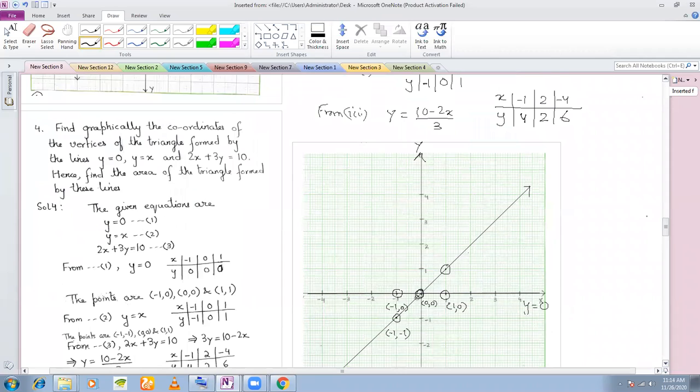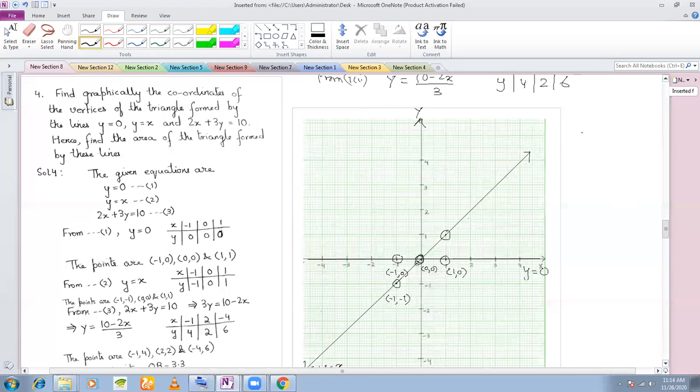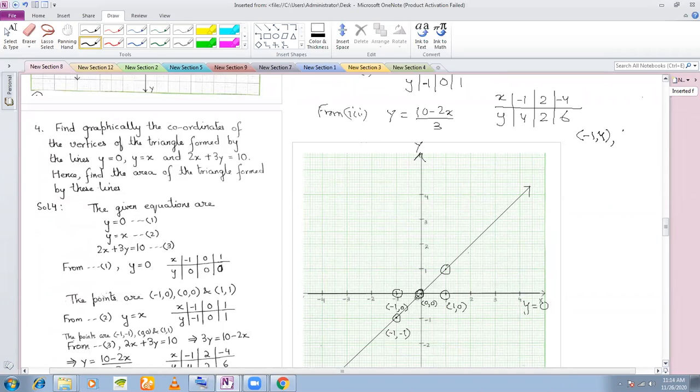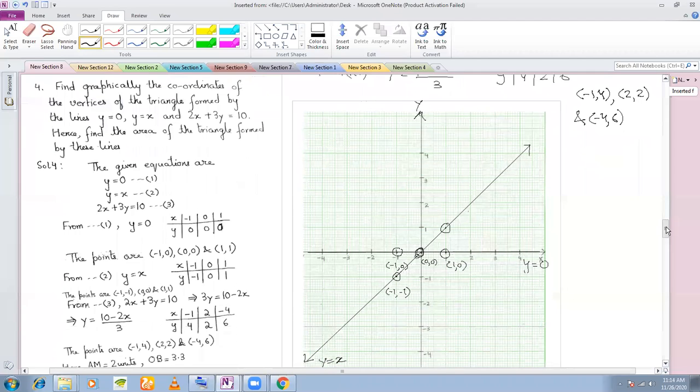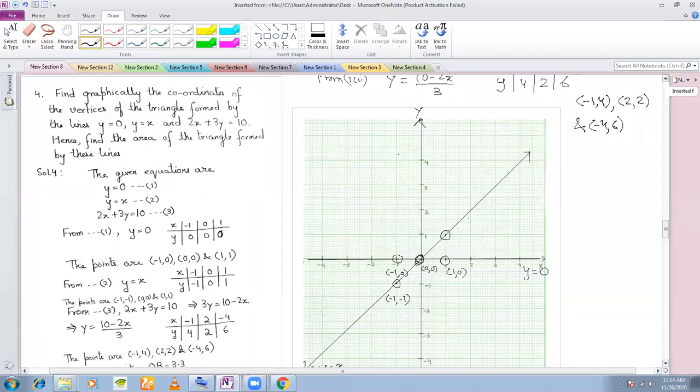Now I plot these points. So what are the points that I'm getting? I'm getting minus 1, 4; 2, 2; and minus 4, 6. Minus 1, 4 will be this point. 2, 2 will be this point here. And minus 4, 6, since I am doing it on this graph paper, will go out of the graph paper, but anyway it will be somewhere over here.